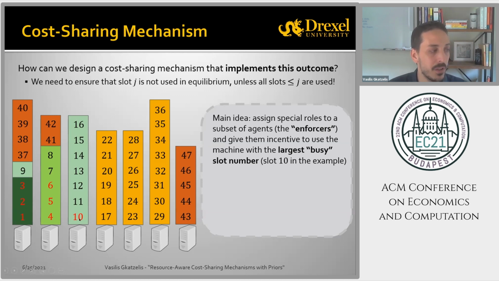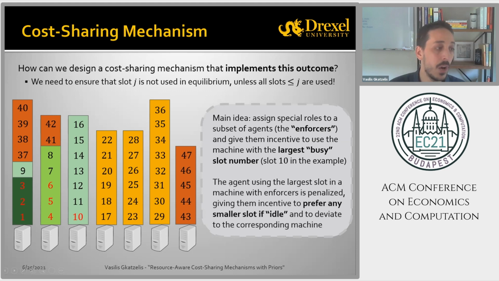That's the largest number. So these enforcers are actually going to be rewarded by the cost-sharing mechanism if they go and use this machine, right? So whenever someone's using a big number, the enforcer will try to go to that same machine as well. However, the agent using the largest slot in a machine with an enforcer is penalized.